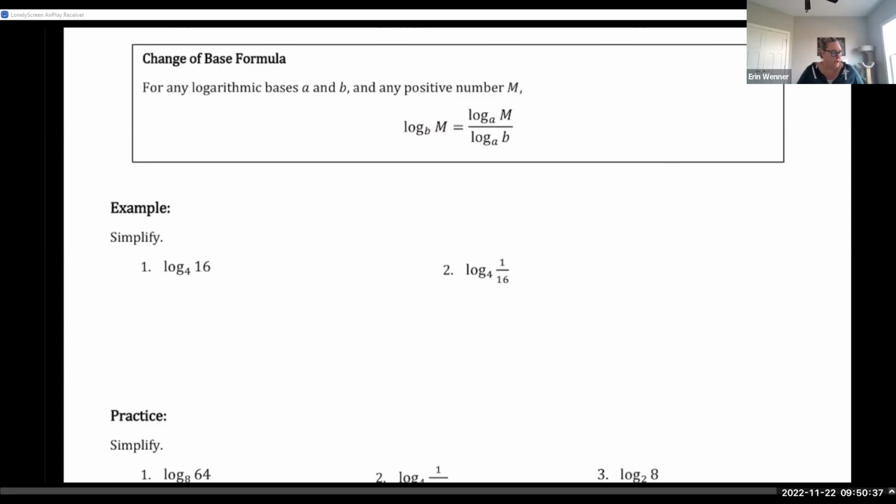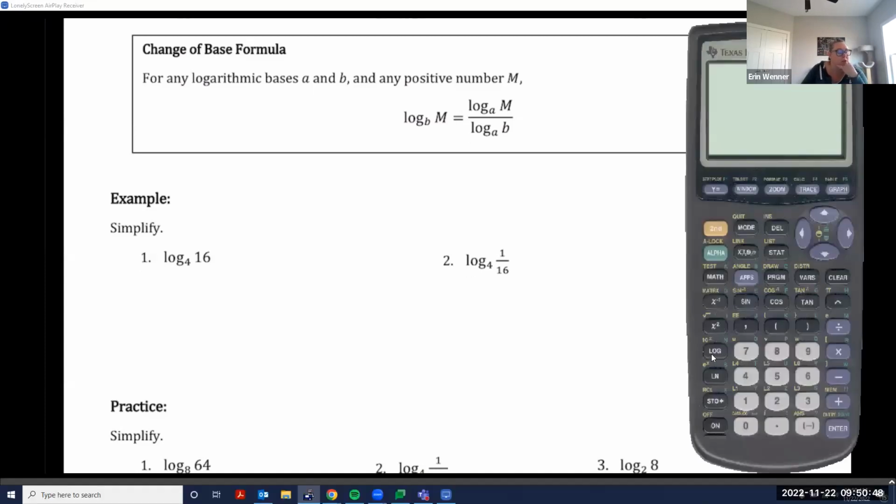You can see that if you look at this graphing calculator here. You can see the word log, L-O-G, and then in yellow writing is 10 to the x. So this calculator is assuming that when we press the log key, we are dealing with 10 to the x, or base 10.